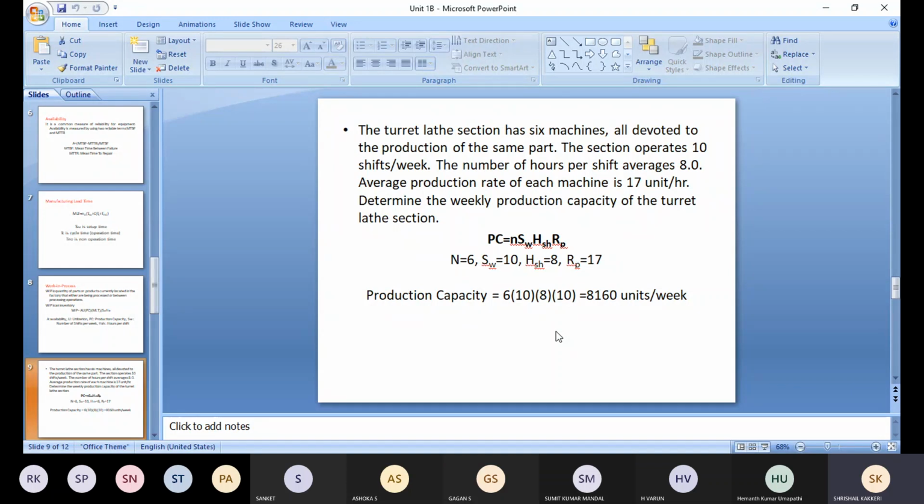Find the weekly production capacity of the turret lathe. So the production capacity is N SW SH RP. Please just go through this once again. Please kindly read. If any problems are there, I can explain it.